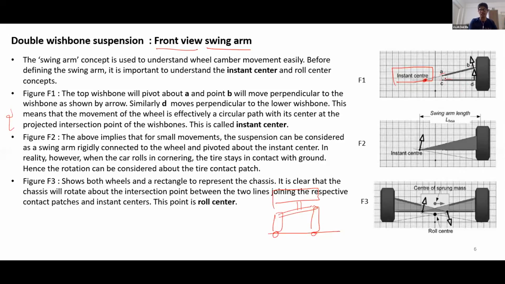The instant center is a point about which the entire mechanism is rotating, right? If you remember in rigid body dynamics, for a sphere in pure rolling on a surface, this was the instant center. At any point, the entire wheel can be considered to be rolling about this point.